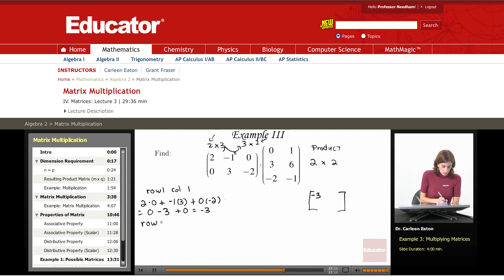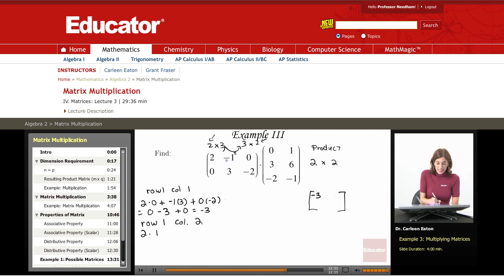Row 1 right here, but column 2. So I'm going to take 2 times 1. Row 1, column 2.